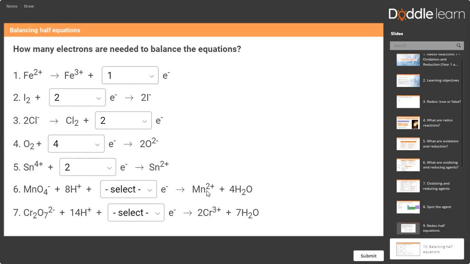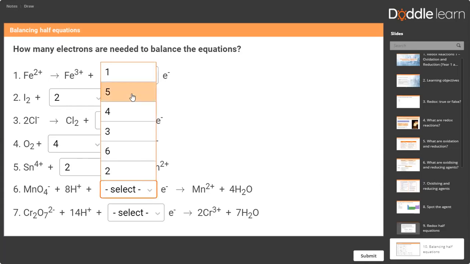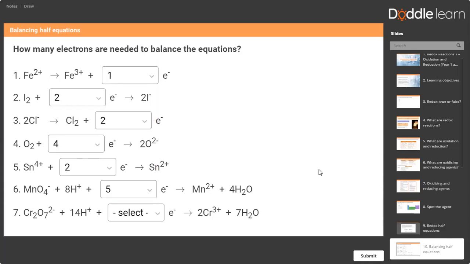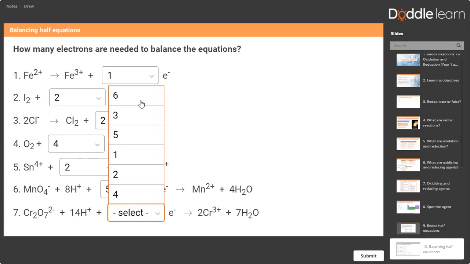So to get that to a 2 plus, we are going to need to add 5 electrons. And then finally, we've got a 2 minus charge here, so it's going to be 6 for this one.